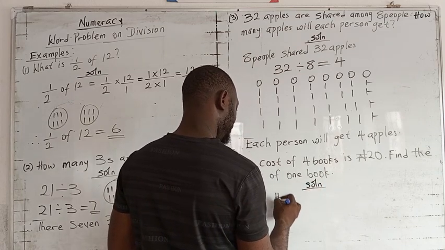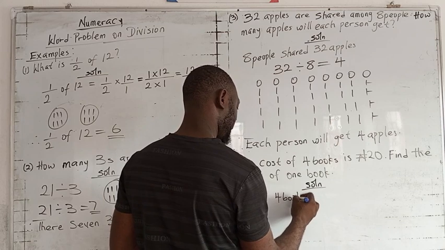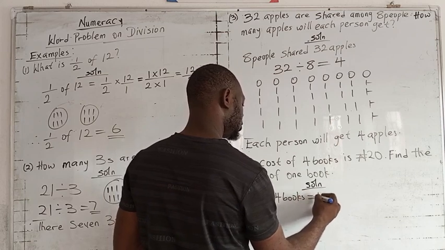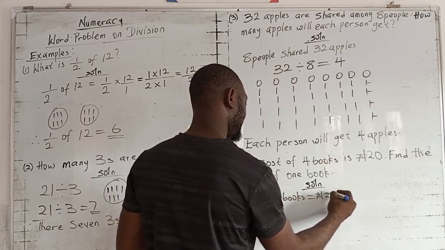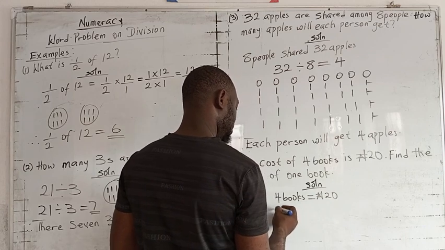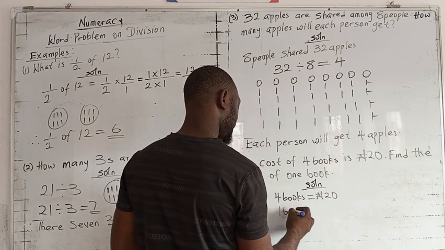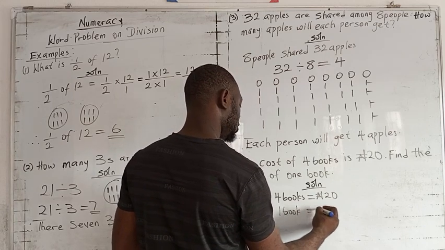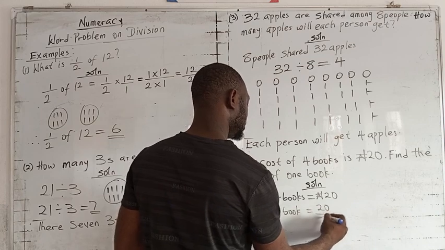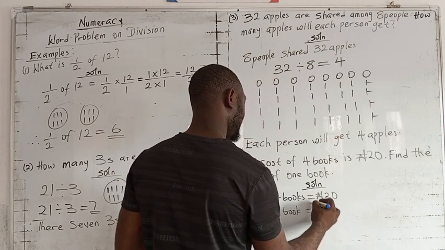Now, if 4 books cost 20 naira, what it means is that one book will cost 20 divided by 4.